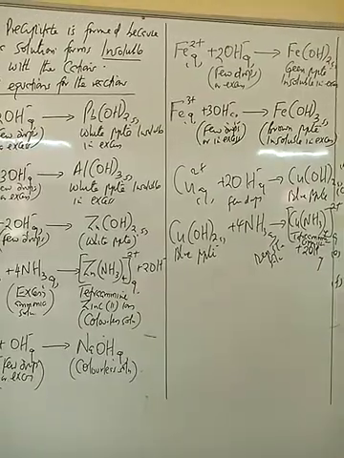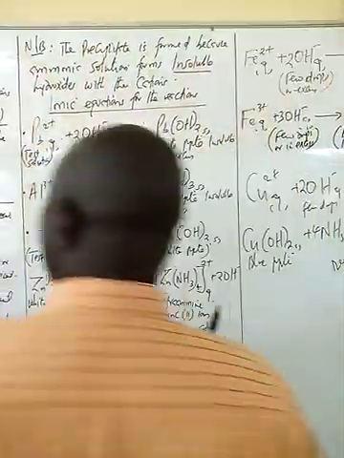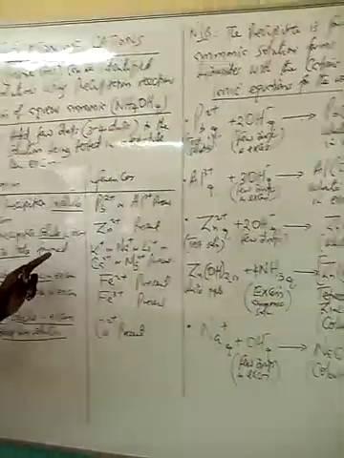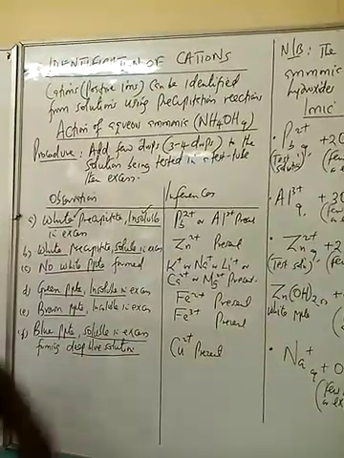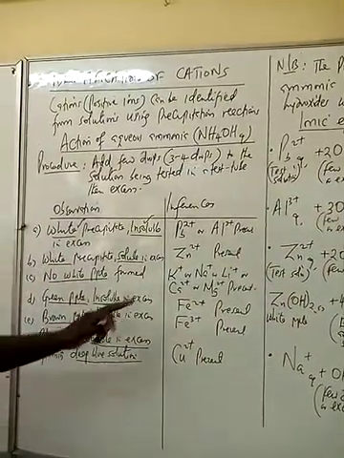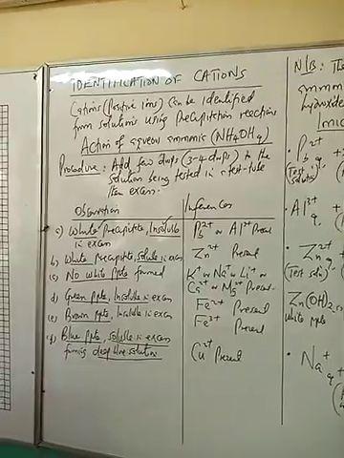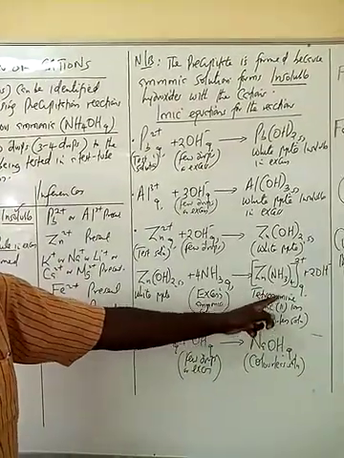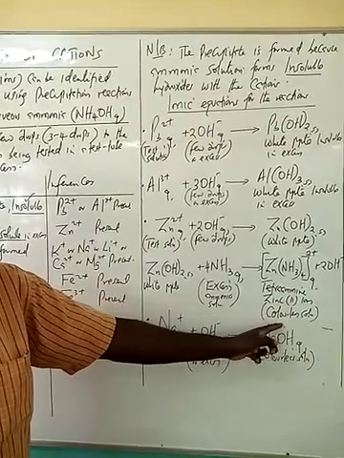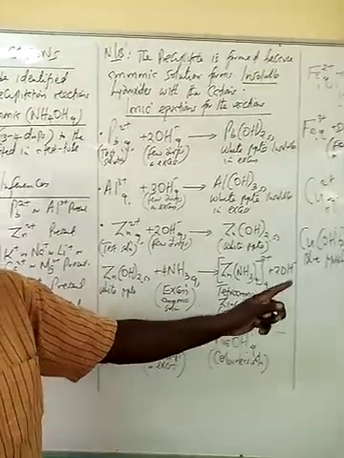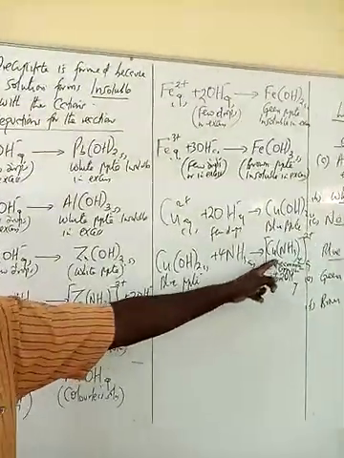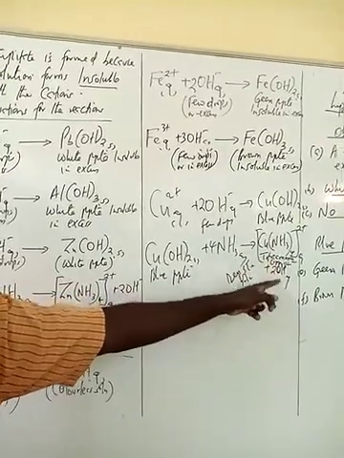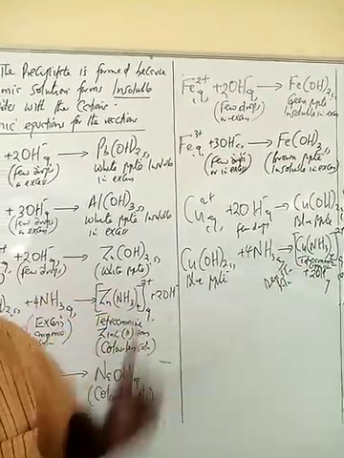Copper and zinc are the only 2 cations which form a precipitate which dissolves in excess, because of the formation of a complex salt. The complex salt, when it comes to zinc, is called tetraamine zinc 2 ion, which is a colorless solution, and also tetraamine copper 2 ion, which is a deep blue solution.